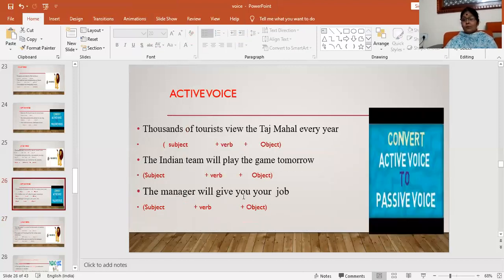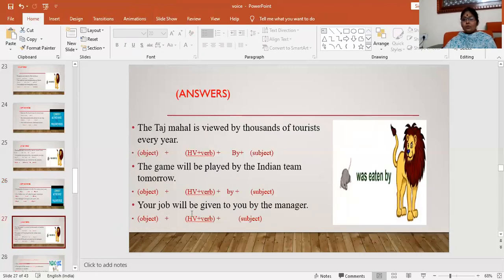Now, one more sentence we will do. The manager will give you your job. A little complicated, right? The manager is our subject, will give is your verb, and you is your object, right? Now, how will we change this? Your object should come here, subject should go there. Necessary changes with by. So, your job will be given to you by the manager.